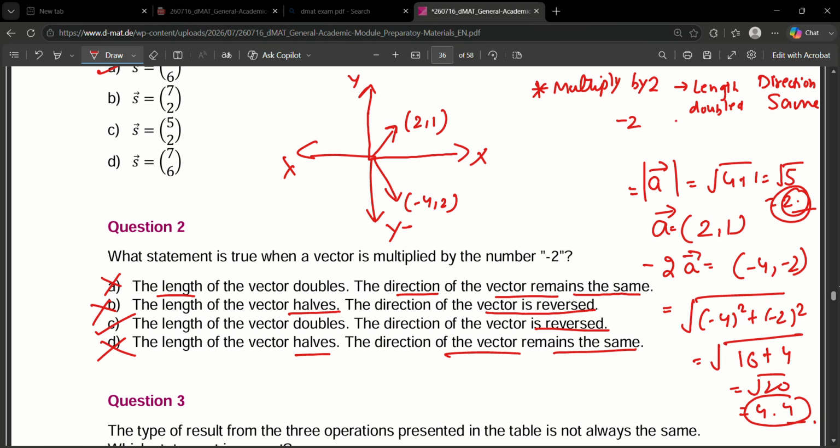Minus 2, length is doubled, direction reversed. Any number between 0 and 1, for example 0.5, length halved, direction same.